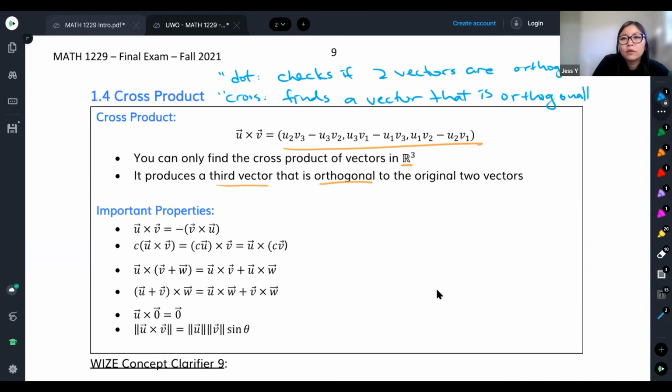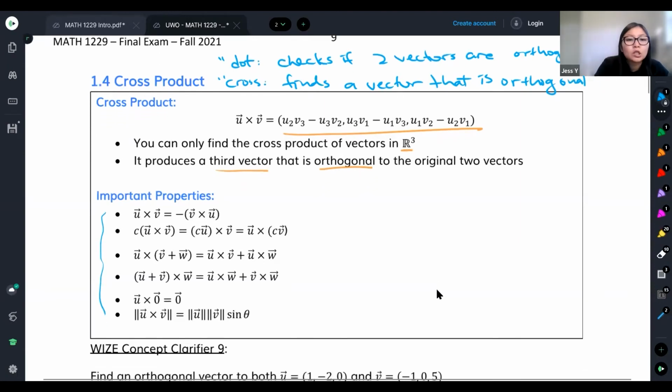So one's used for checking, one's used for finding. Write that down for me, please. Okay, so again, I'm going to leave these properties for now. We're going to come back to it, but I want to do question 9 first.